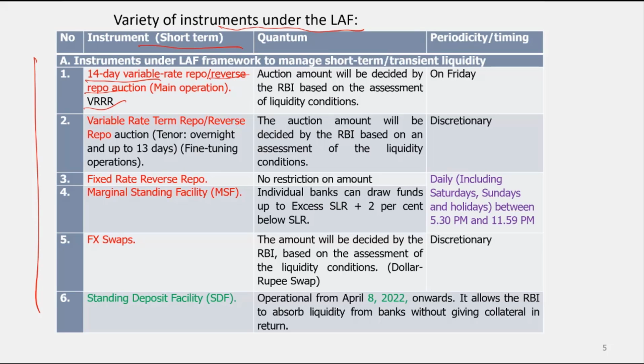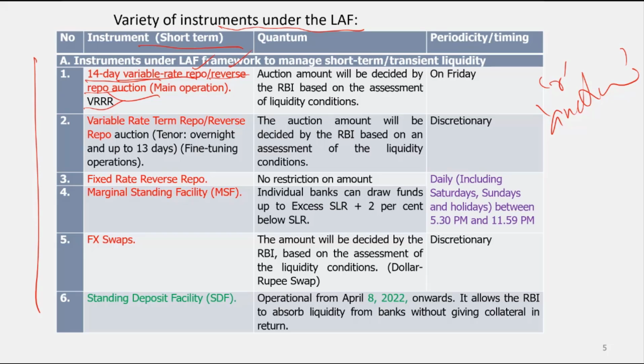Remember that when we hear about a variable rate instrument, the interest rate will be determined through an auction. The participating banks will be offering or demanding the rate of interest under repo and reverse repo. Remember, variable rate means the interest rate is determined through auction.